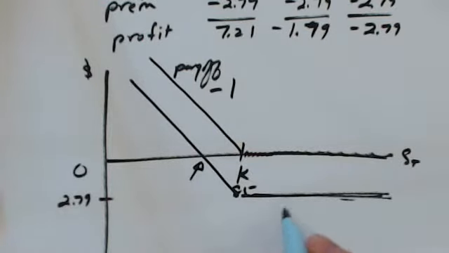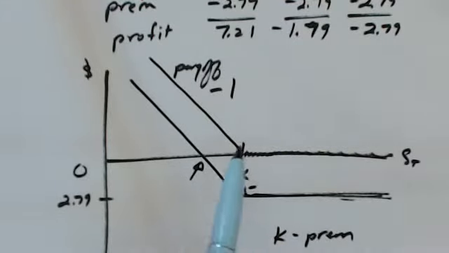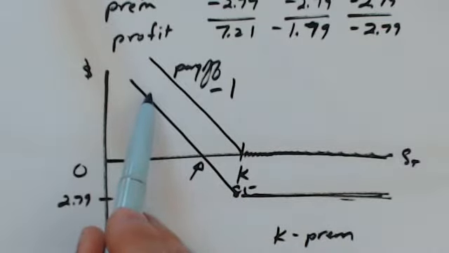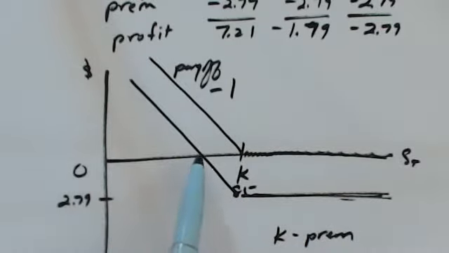And your break-even is K minus the premium, in this case 85 minus 2.79. That is going to be the break-even point here. Again, remember, you lose money in one area, and you make money in the other. There's going to have to be a break-even point where your profit is 0.